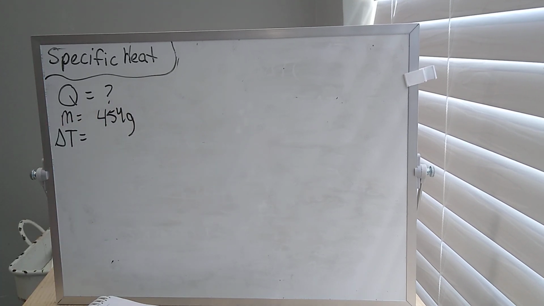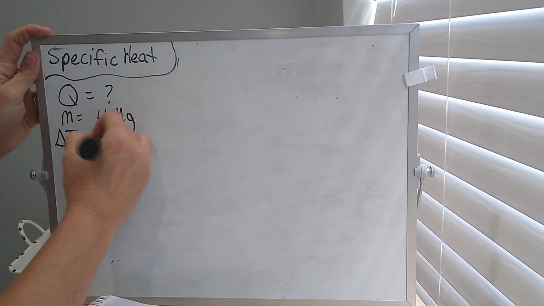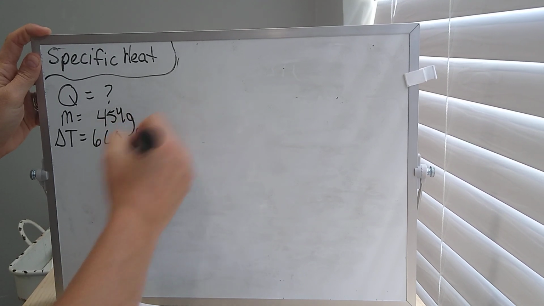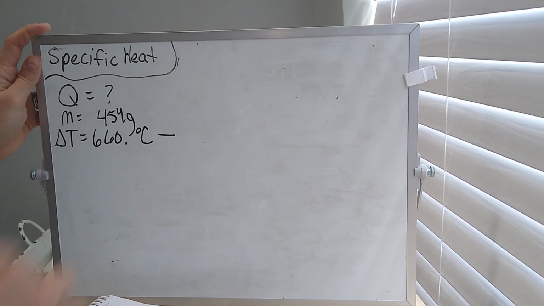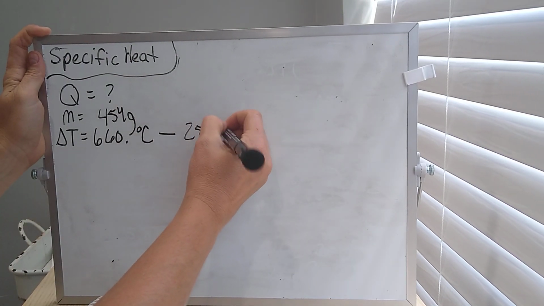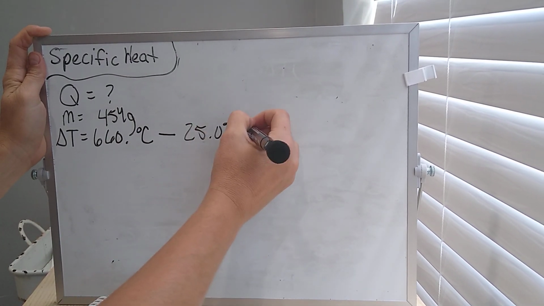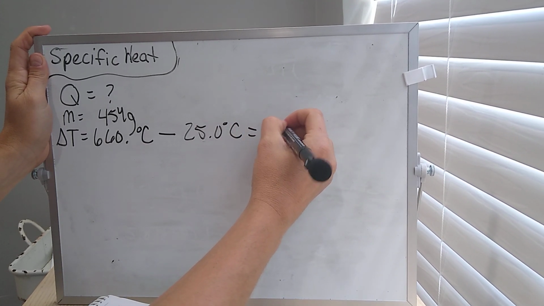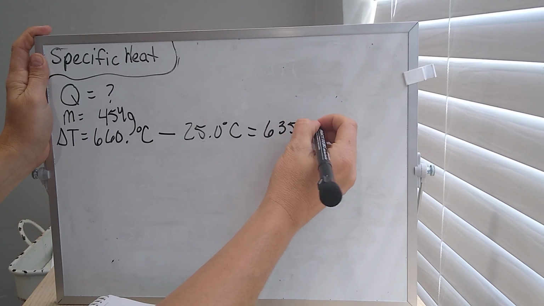So our final would be 660. And they do include a period for sig figs, minus our initial of 25.0 degrees Celsius. So that equals 635 degrees Celsius.